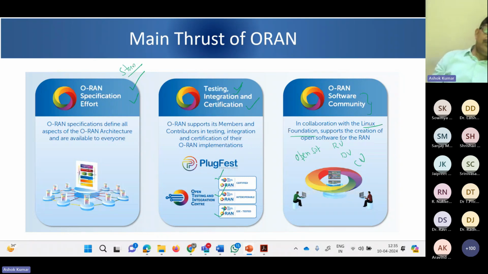I mean, if you are a member of ORAN Alliance, these softwares are available to you as a member, and they allow any institute to become a contributing member. So any of you can become member of ORAN Alliance. Basically, it's very costly for other organizations, but for colleges, etc., per annum there is a cost of about 1 lakh rupees.